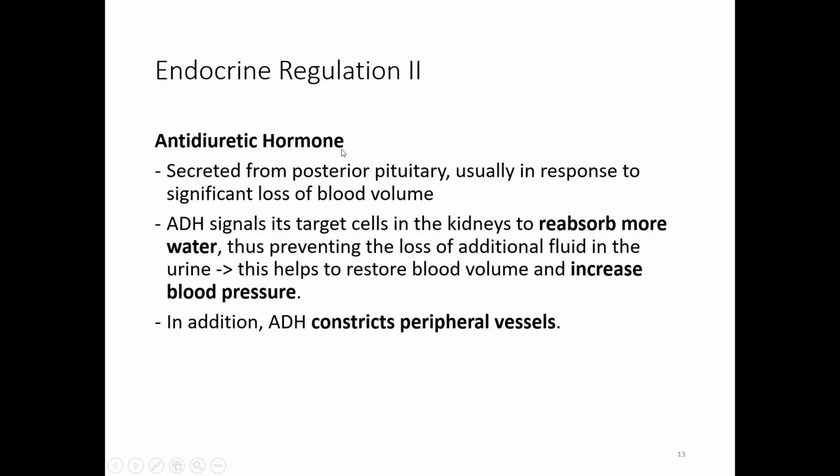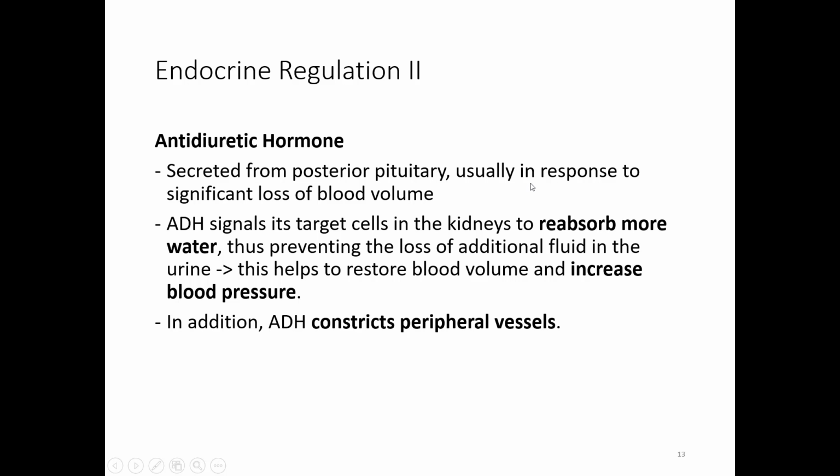Antidiuretic hormone would be the second one. It is released by posterior pituitary, not produced there, just secreted. It's produced in hypothalamus. Please remember that. And antidiuretic hormone makes kidneys reabsorb more water. So less urine is produced, the body doesn't lose a lot of fluid, and it helps to restore blood volume and increases blood pressure.